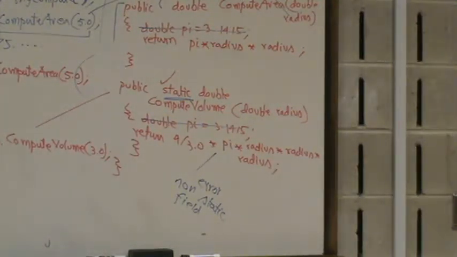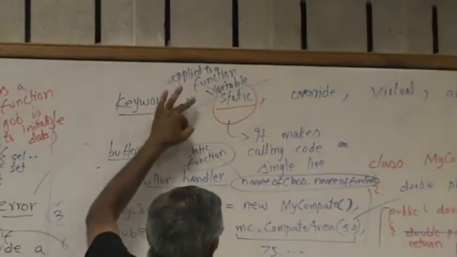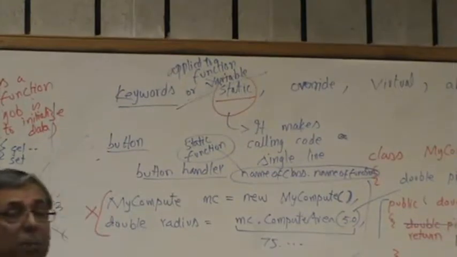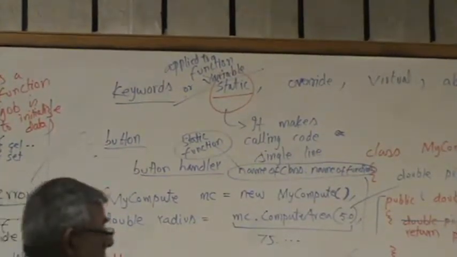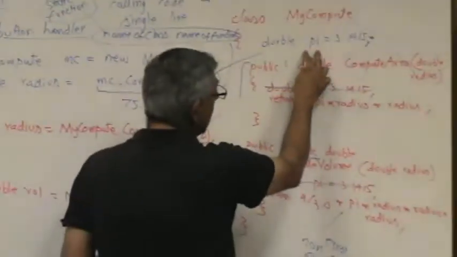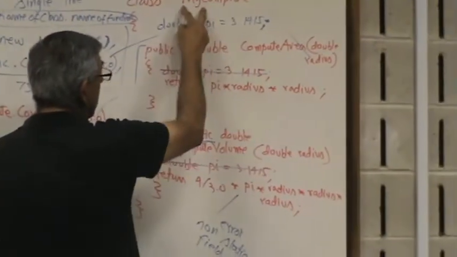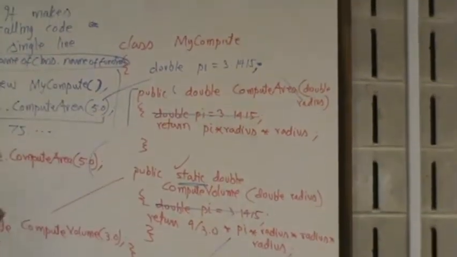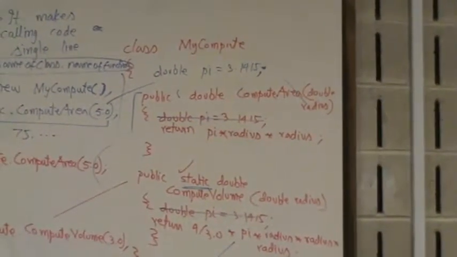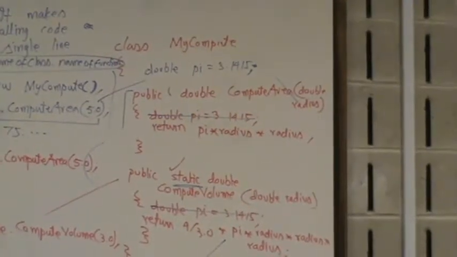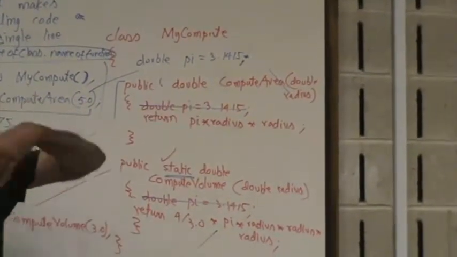So this is where, as I mentioned, the static keyword can be applied to a function, or it can also be applied to a variable. In this case, because the value of pi does not change no matter how many objects of MyCompute we create, whether we create one object or 100 objects, the value of pi will always be the same.